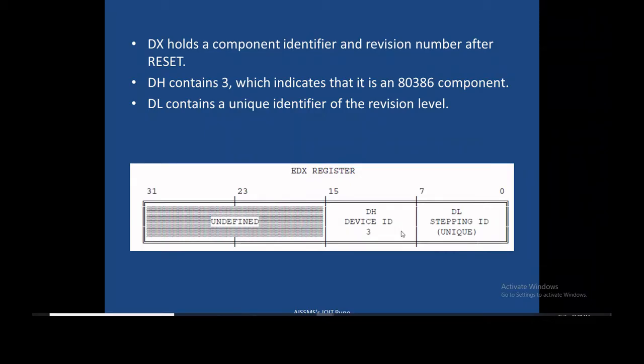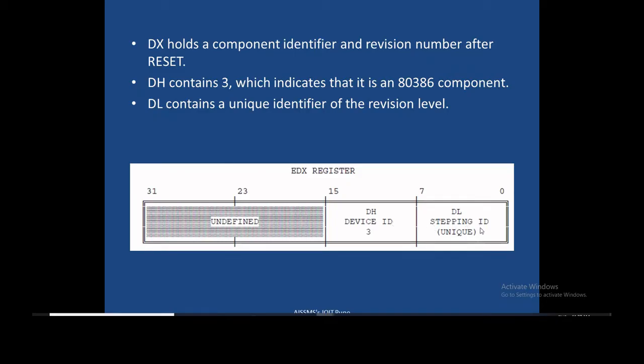This 3 indicates that this is the 80386 component. This is the device ID, we can say. If the DH register contains 3, it indicates that this is an 80386 component.